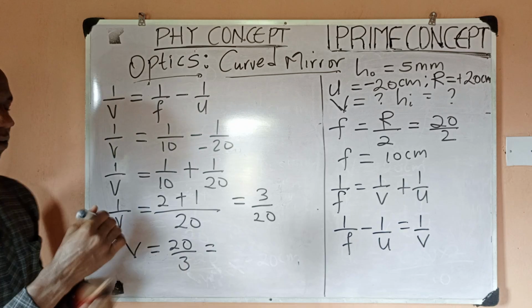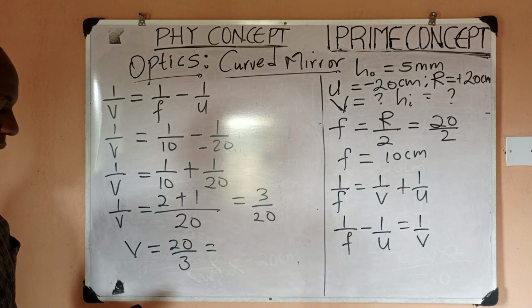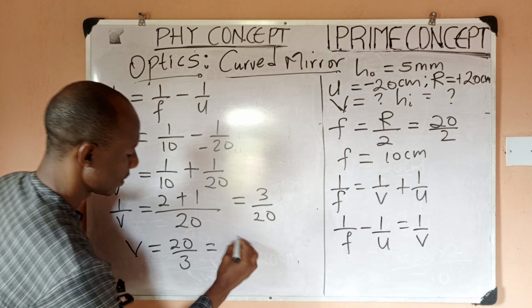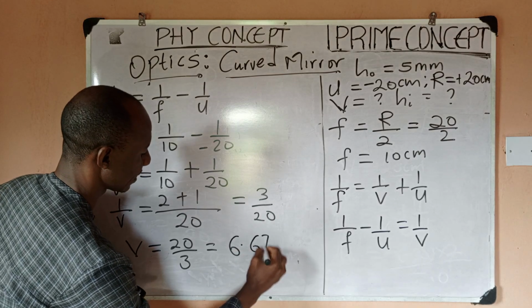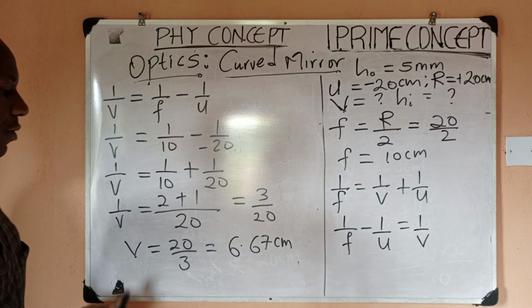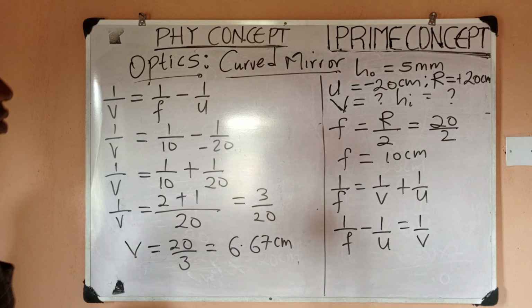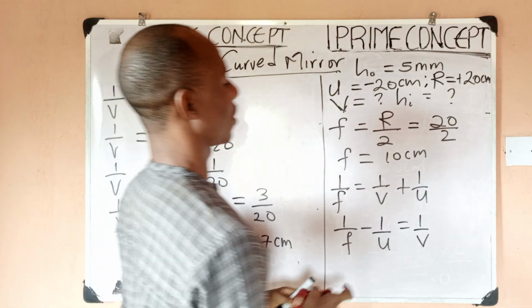Just flip it. So if you divide this, you will get 6.67 cm. So this is what we have as our v, which is positive, simply telling you that our image is going to be virtual, which you know for a convex mirror.